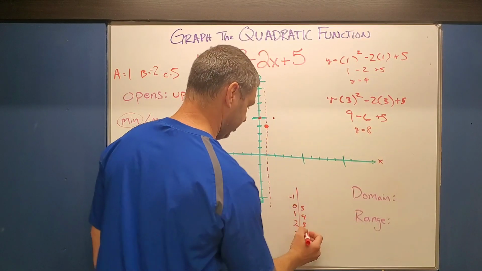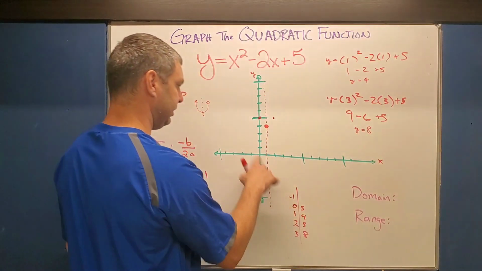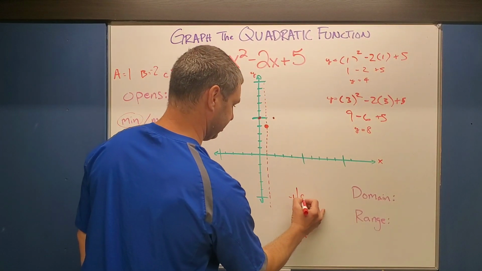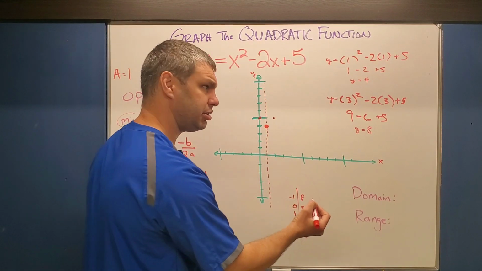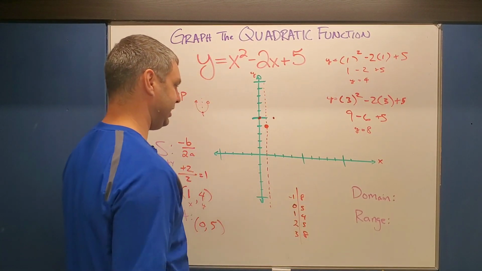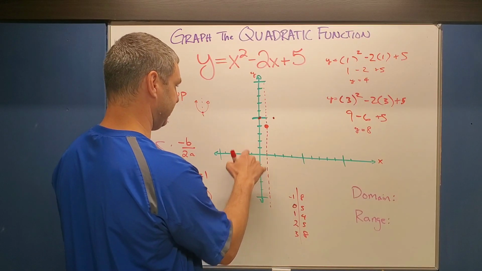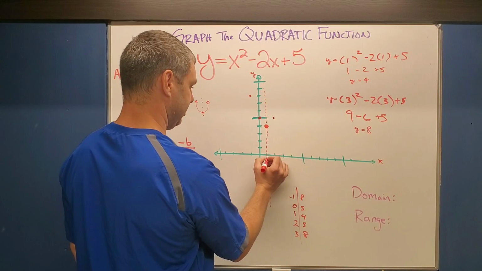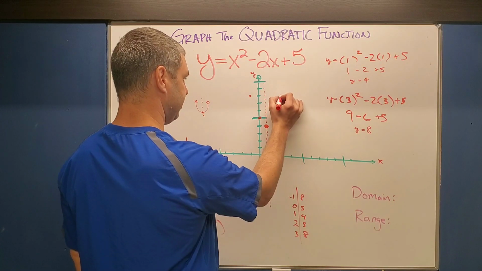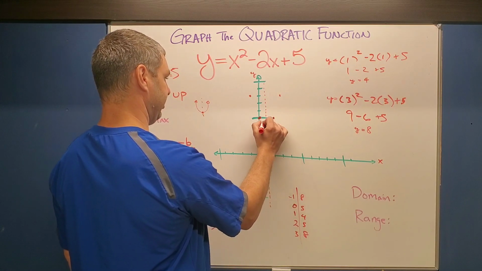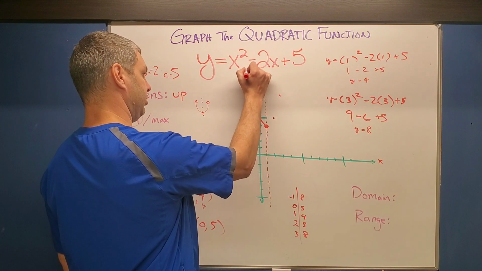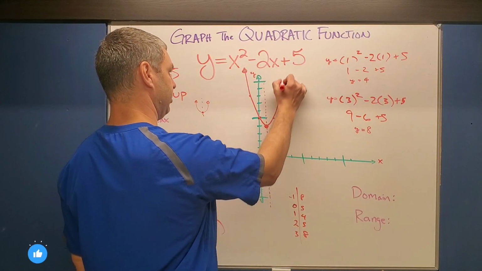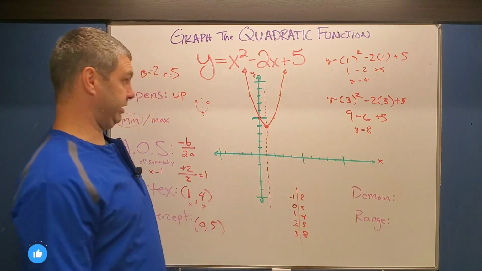So it's going to give you a y value of 8. And if we did our math right, since this is symmetric, that's also going to be 8 on the other side. So we can fill this in as -1, 8, 1, 4, and 3, 8, like that. And that'll help you draw your curve when graphing that quadratic function.